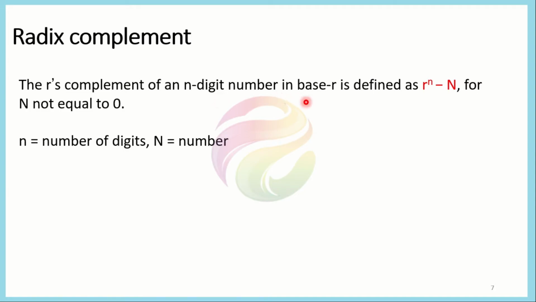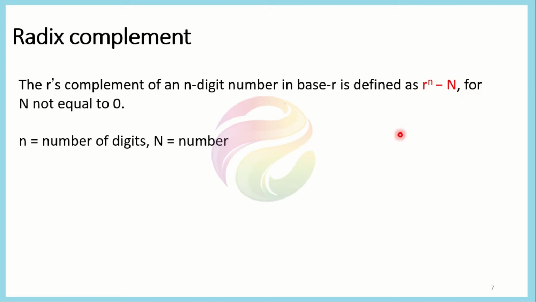Then we calculate its radix complement, or the R's complement, using this formula: simply R, which represents the radix or the base, to the power n, minus the given number. In this case, N is not equal to 0. So for R to the power n minus N, we just have to perform this operation.